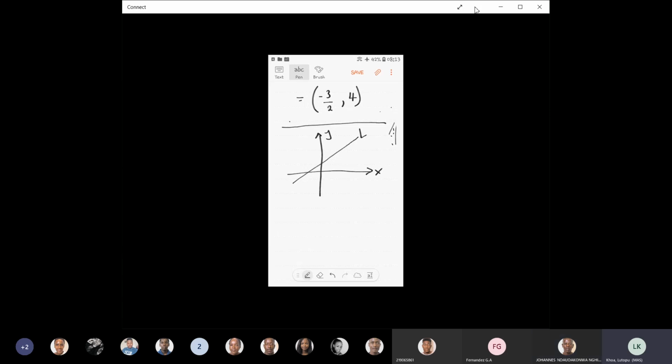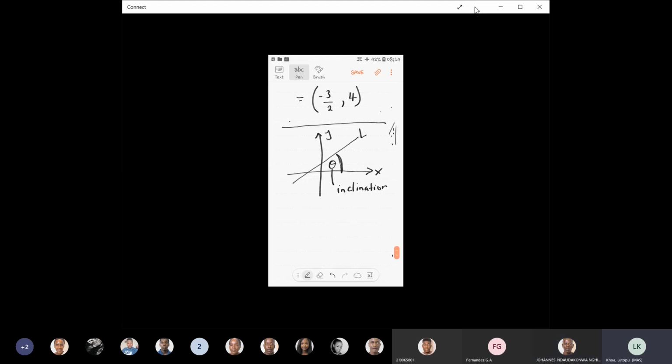Now you measure this angle anti-clockwise. So you measure it like that. And the angle that you have here, that theta, is called your inclination. Okay, so when we ask you what is the inclination of a line, this theta is what we're talking about. What is the angle between that line and the positive x-axis?